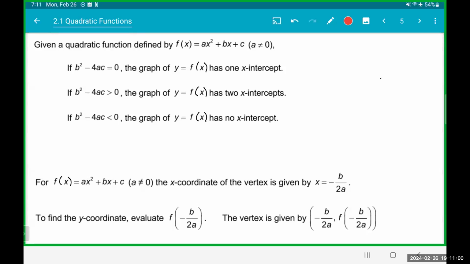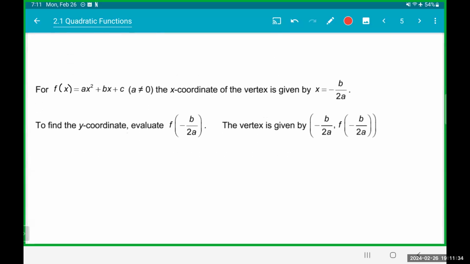If it's greater than 0, you're going to have 2 x-intercepts. If it is less than 0, you're going to have none, because that means you're looking at the square root of a negative number, and that doesn't exist in the real numbers, it's imaginary. So keep that in mind.